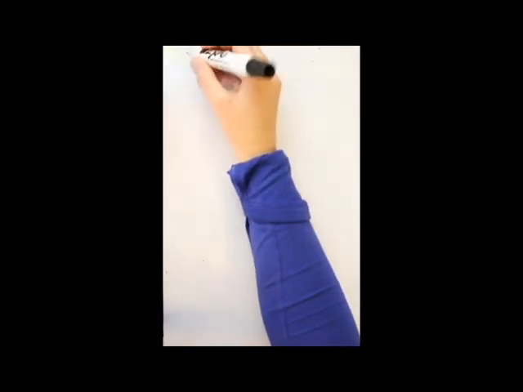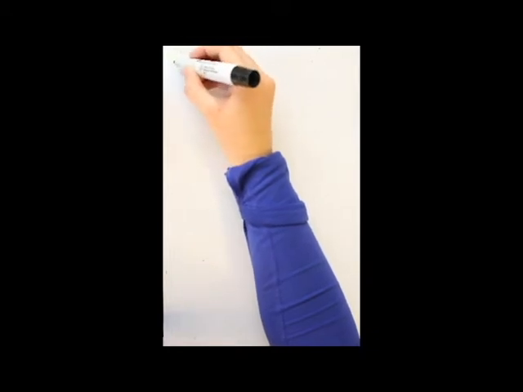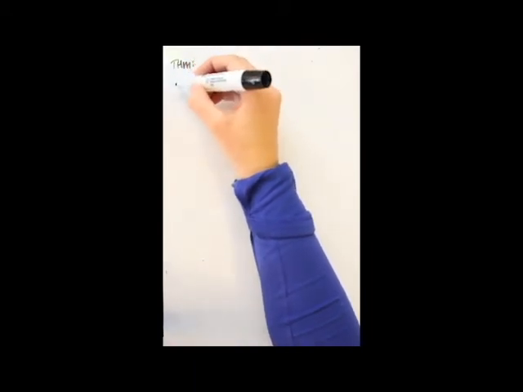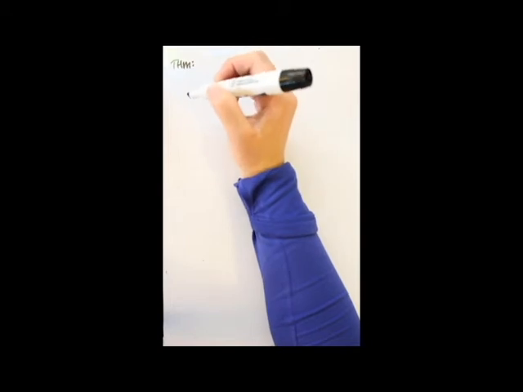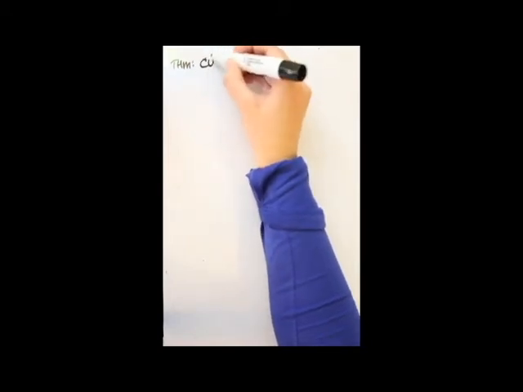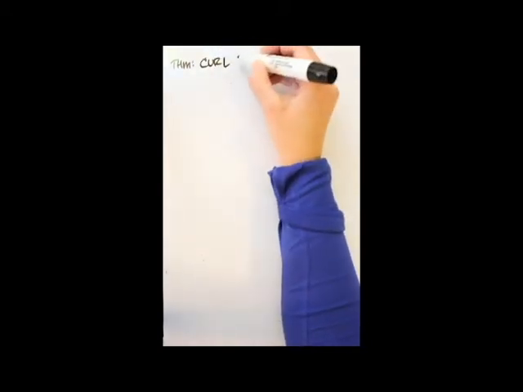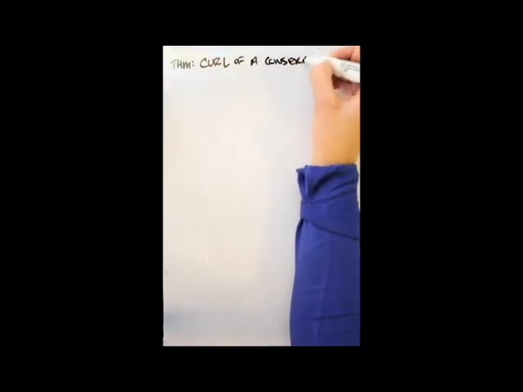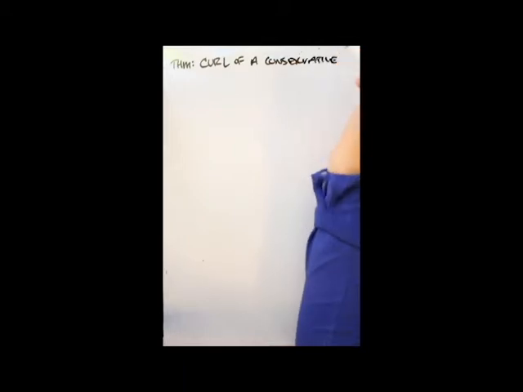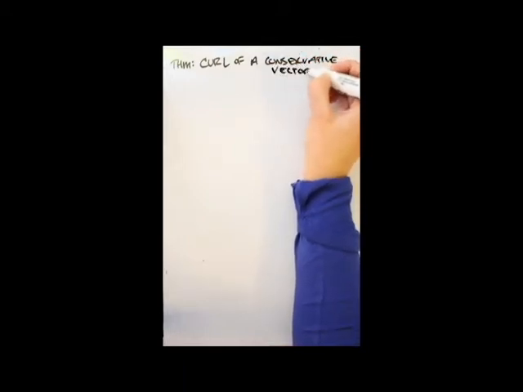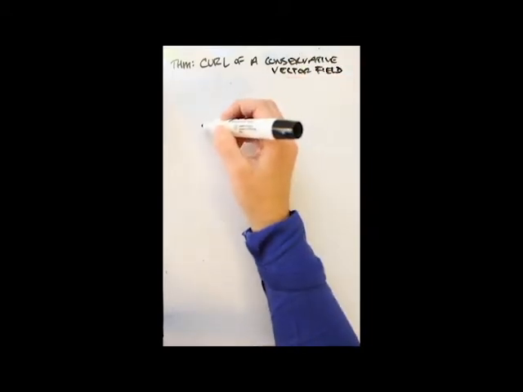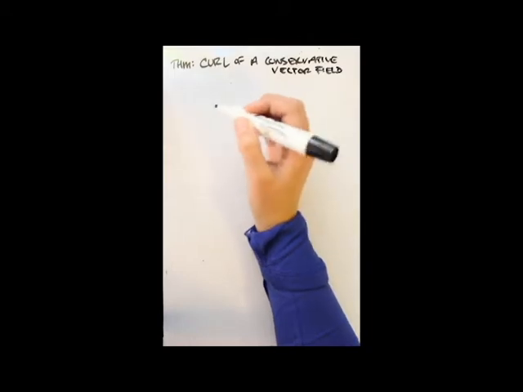First, looking at divergence and curl together, there's a theorem exploring the curl of a conservative vector field. If a vector field is conservative, then it can be written as the gradient of a potential function.